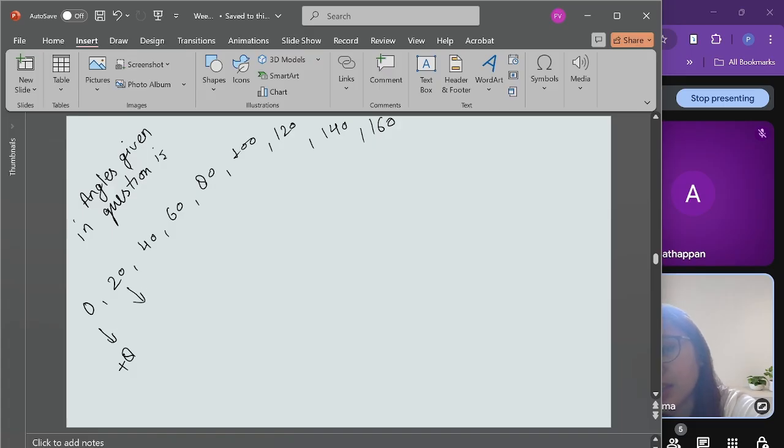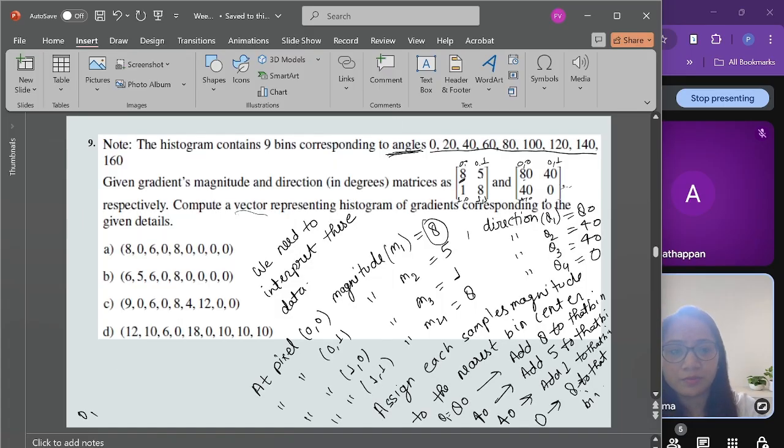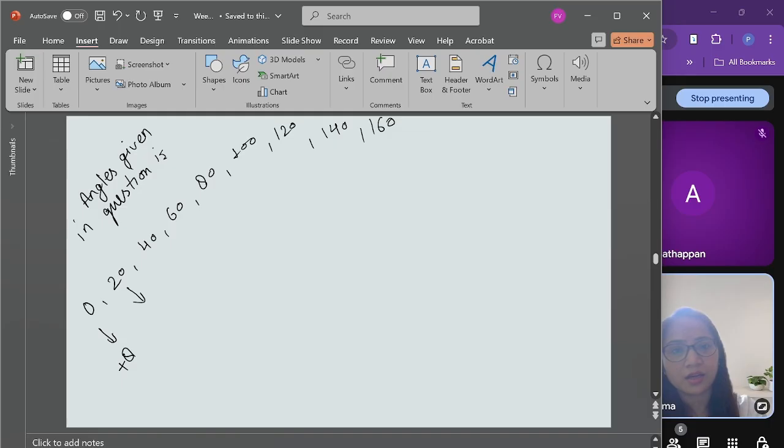There is no 20 here. Only 0, 40 and 80 angles are given, with corresponding magnitudes. When 0 comes, we add 8. When 40 comes, we add 5, then 1. And at angle 80, we add 8 again.